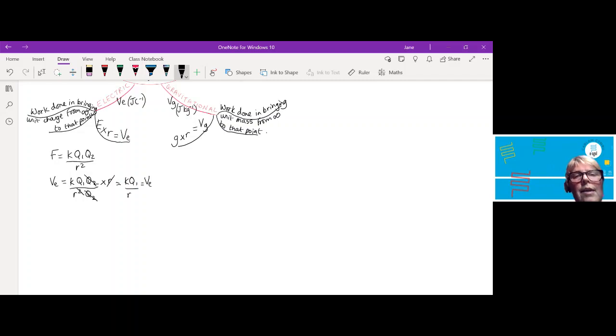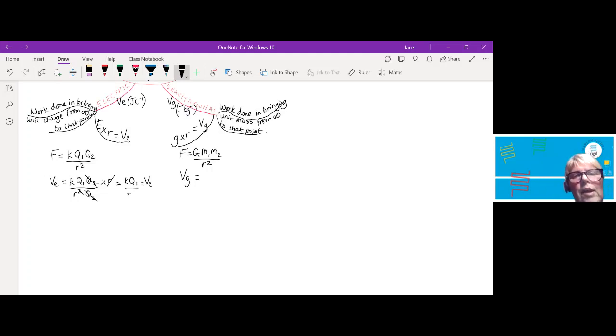And we can do exactly the same thing for the gravitational force. F equals G m1 m2 over R squared. The gravitational potential is the work done in bringing unit mass from infinity to that point.